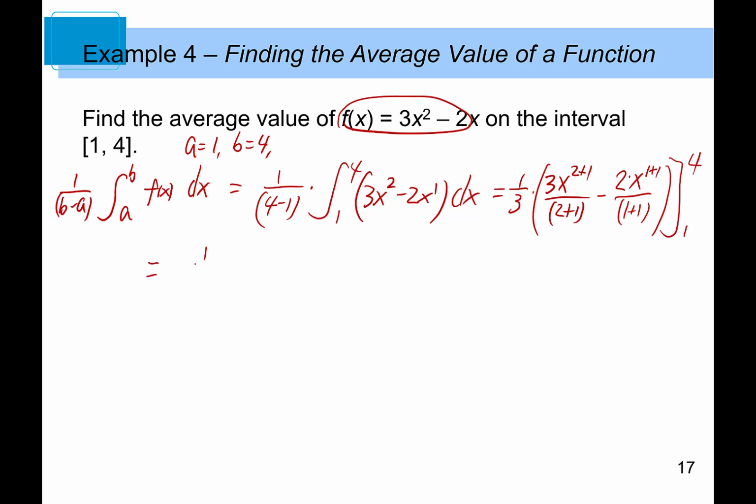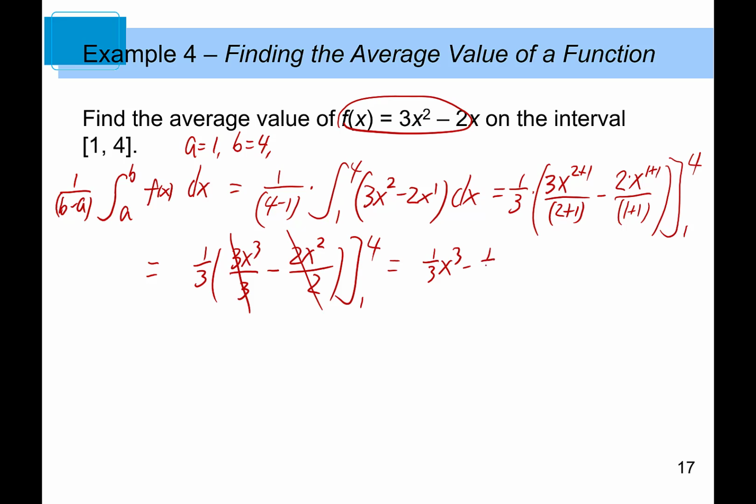Now it becomes 1/3 times 3x cubed over 3 minus 2x squared over 2. Let's simplify, cancel 3 in the first term, cancel 2 in the second term. So we end up with 1/3 times x cubed minus x squared, from 1 to 4.